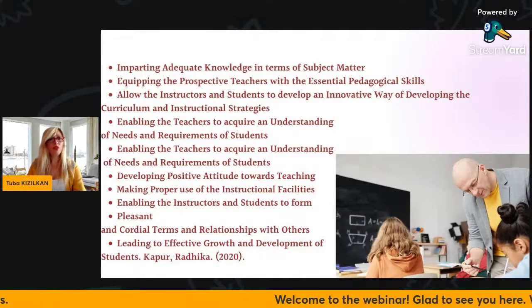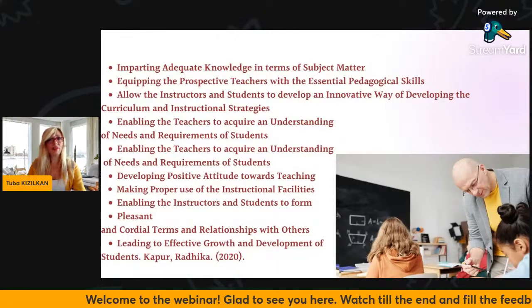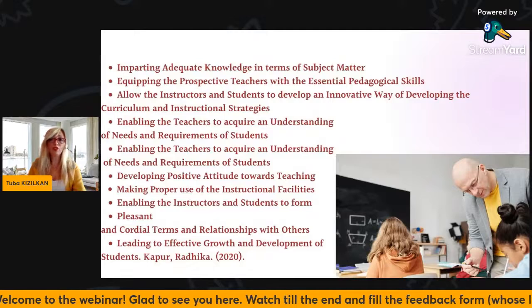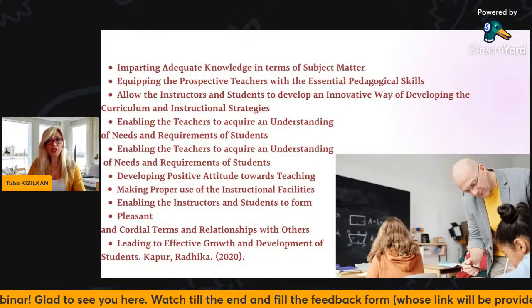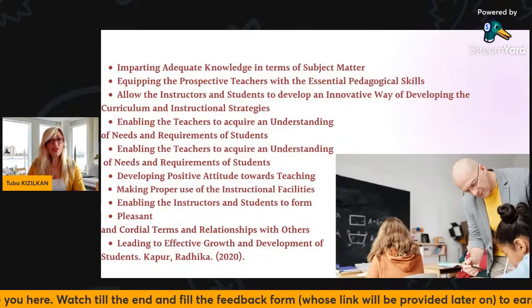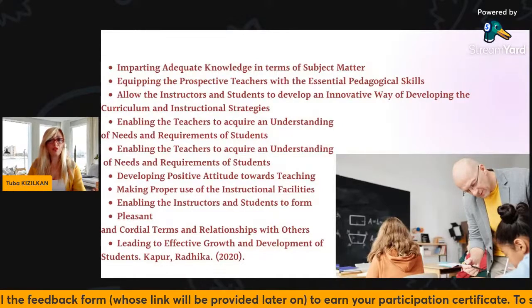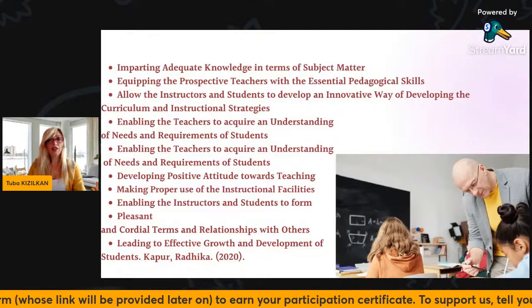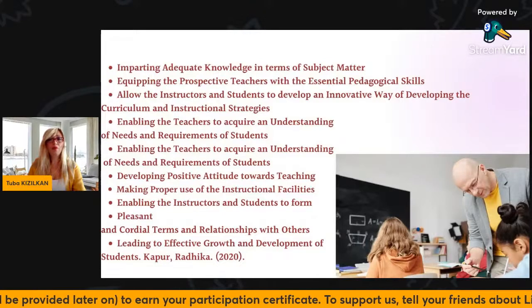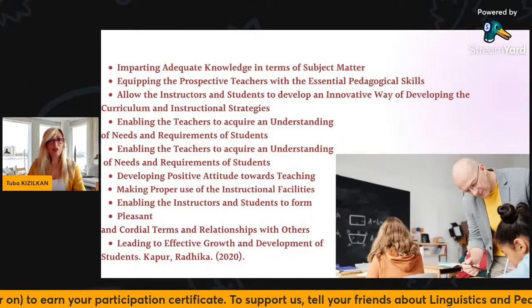It also aims to enable the teachers to acquire an understanding of the needs and requirements of students. This is very crucial. In order to understand the needs and requirements of students, a teacher is supposed to have pedagogical knowledge.